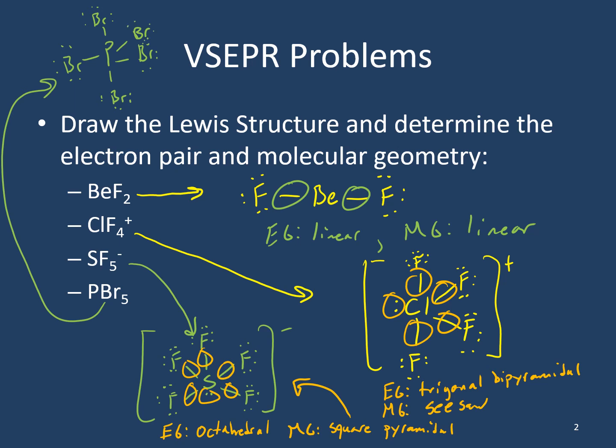There are 5 groups around that molecule: 1, 2, 3, 4, 5. So our electron group geometry is again trigonal bipyramidal. And our molecular geometry, since we have no lone pairs, is also going to be trigonal bipyramidal.